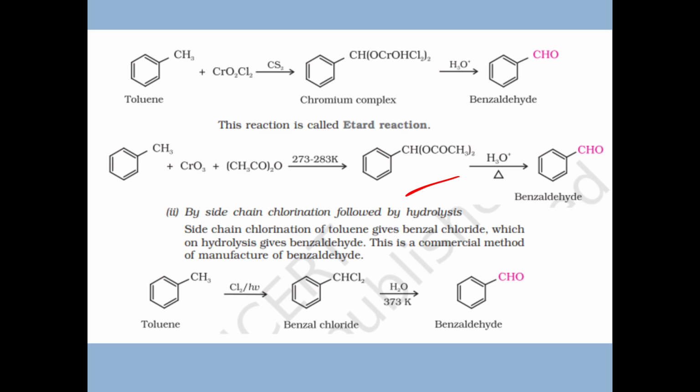By side chain chlorination, if we give chlorine in presence of heat, 1 mole of chlorine will substitute 2 hydrogens here. It will form benzal chloride, and after hydrolysis it will give benzaldehyde.